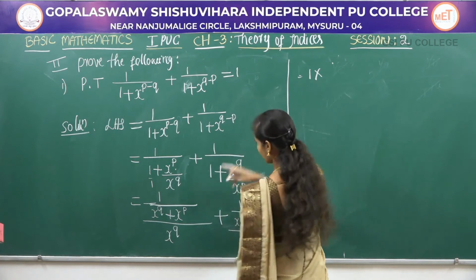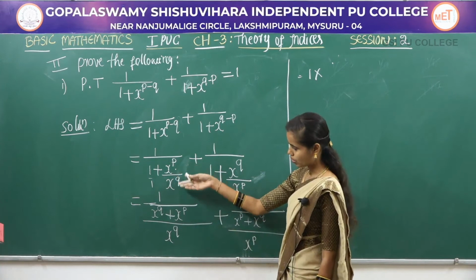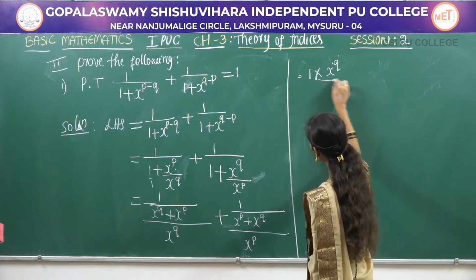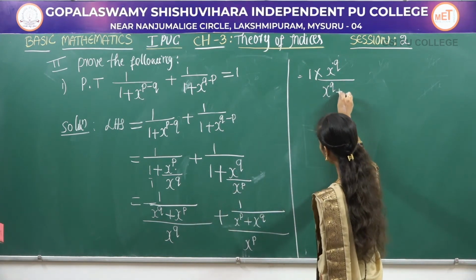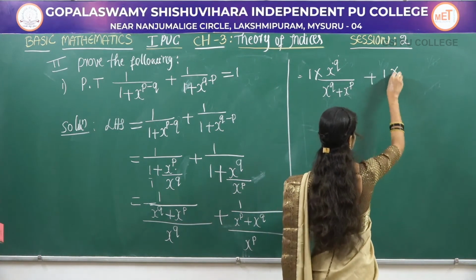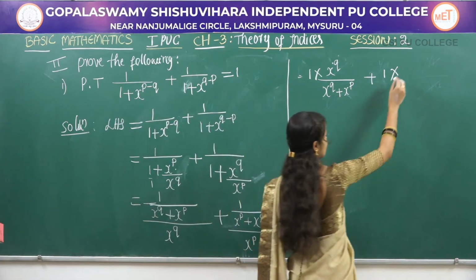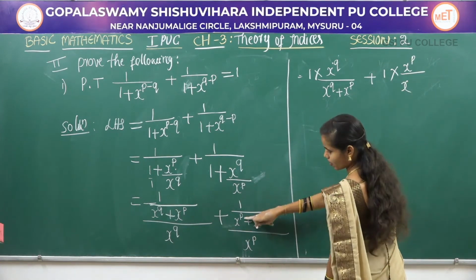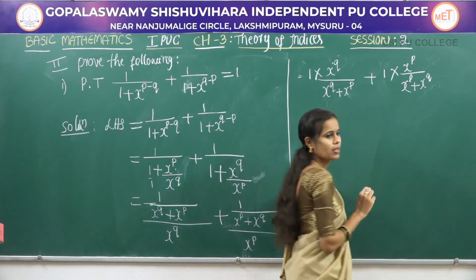Take into the numerator, it becomes into x to the power of q, x to the power of q by x to the power of q plus x to the power of p, plus 1 into, here also take this term into the numerator. It will become x to the power of p divided by x to the power of p plus x to the power of q.